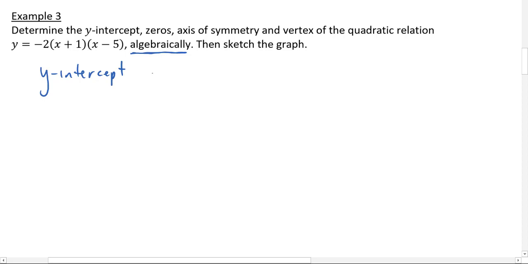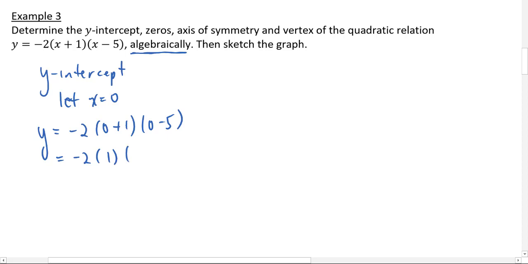The y-intercept, we know we're going to let x equal 0. So if we let x equal 0, we get y equals negative 2 times (0 plus 1) times (0 minus 5), which is equal to negative 2 times 1 times negative 5, which is equal to 10. So therefore, we have the point (0, 10) as our y-intercept.